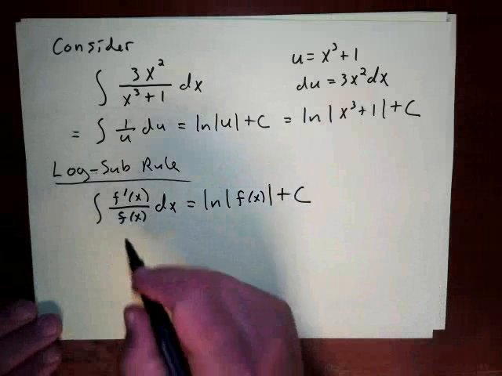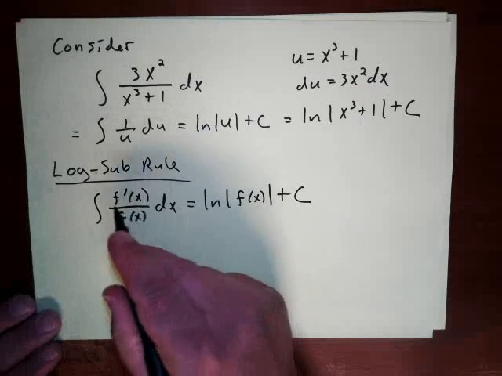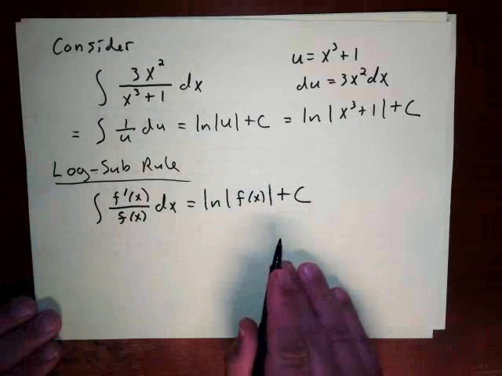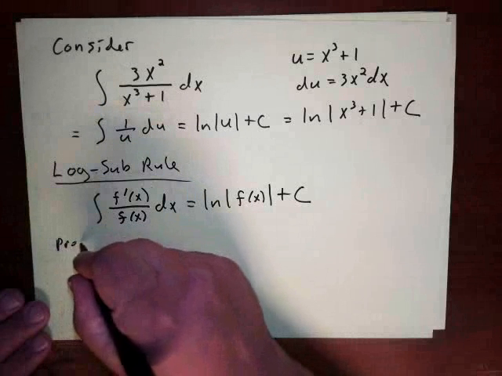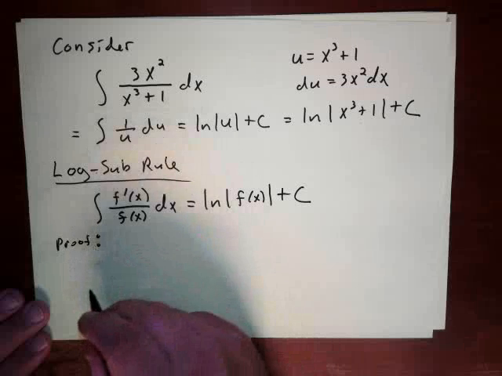So pattern recognition, if you see a function on the bottom and its derivative on the top, you can just jump right over here. And we could even make a little proof of this if we wanted to.